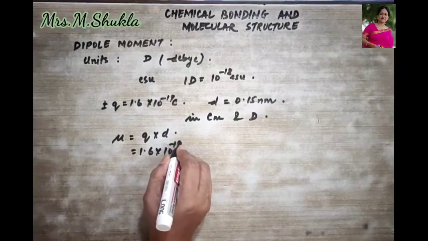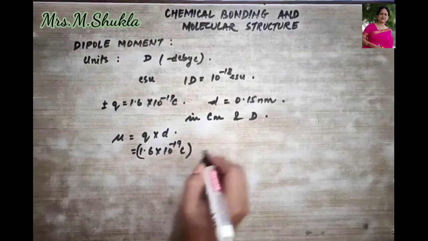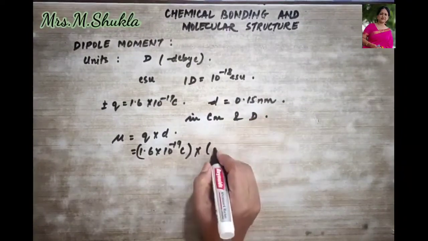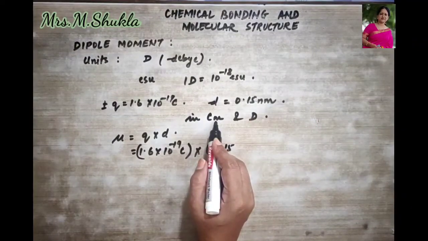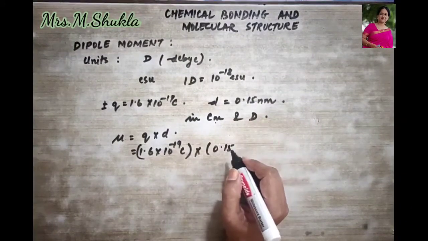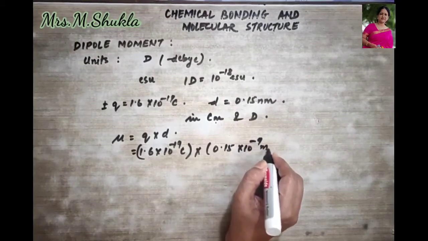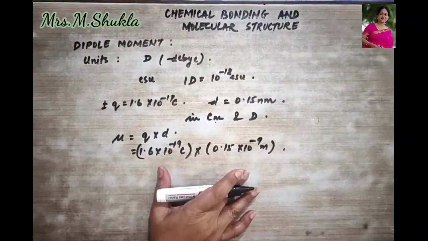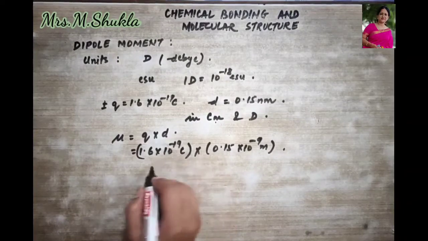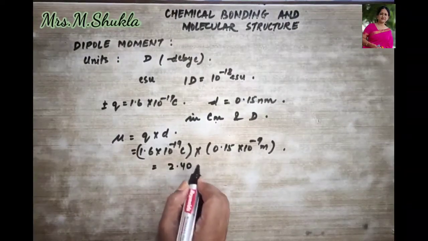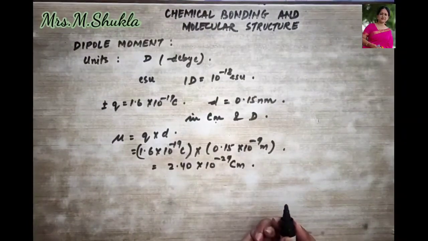So let's find out the charge: 1.6 into 10 to the minus 19 coulomb into the distance. What is the distance given to you? 0.15, but it is in nanometers. You have to convert it into meters. So what are you going to do? 0.15 into 10 to the minus 9 meters. When you calculate this, 1.6 into 0.15 gives you 2.40 into 10 to the minus 29 coulomb meters, right?